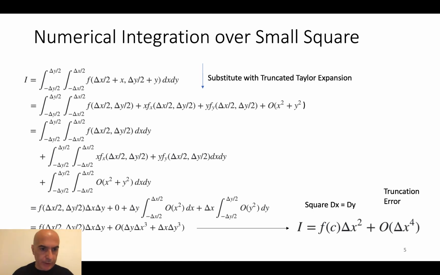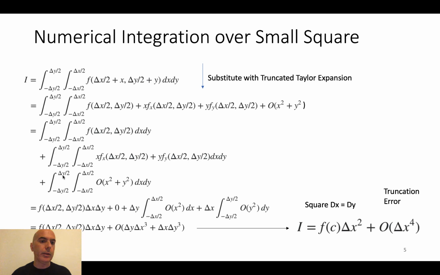Because we are calculating this integral between minus delta x over 2 and plus delta x over 2, these two terms will cancel out. The same will apply for this term here, that will cancel out.